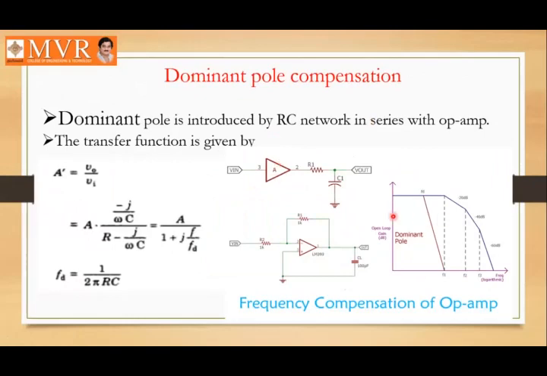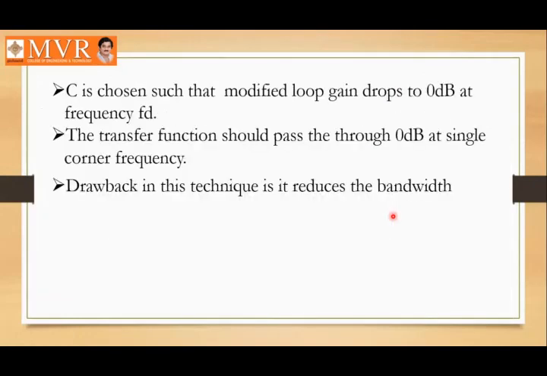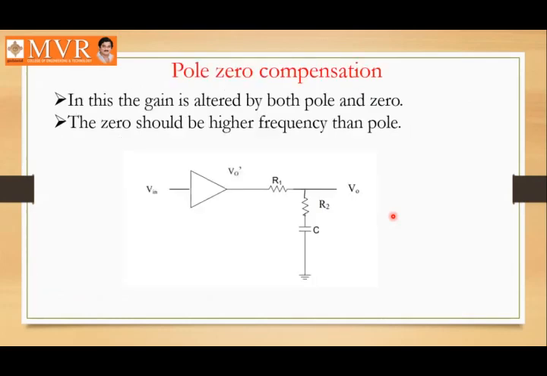The noise will be improved, and by choosing a proper C value, we can select the frequency of fd. So the drawback is that it reduces the bandwidth, as we have discussed. And this is about the dominant pole compensation technique.